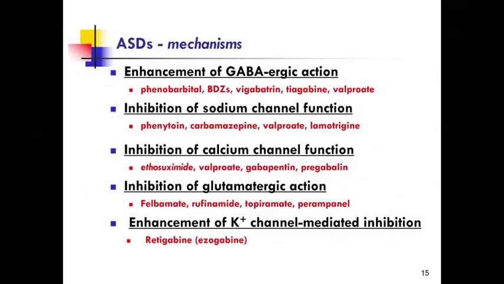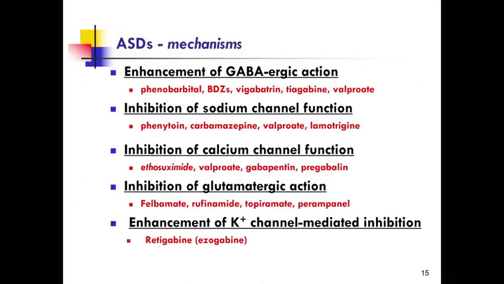So all these agents can be divided into about 4 main groups, depending on their main mechanism of action. Okay? So we have drugs that enhance the actions of GABA, because you remember GABA is inhibitory. So in seizures, you have too much excitation or reduced inhibition.